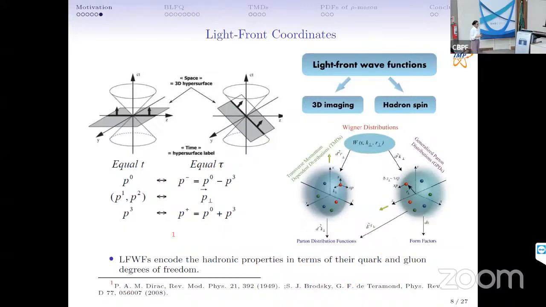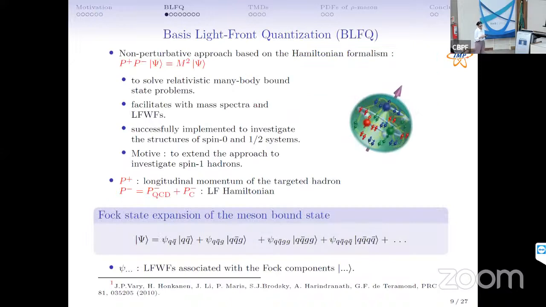Now we chose the basis light front quantization approach to study these observables. Many people have talked about this basis light front quantization since day one. This is a non-perturbative approach based on the Hamiltonian formalism.